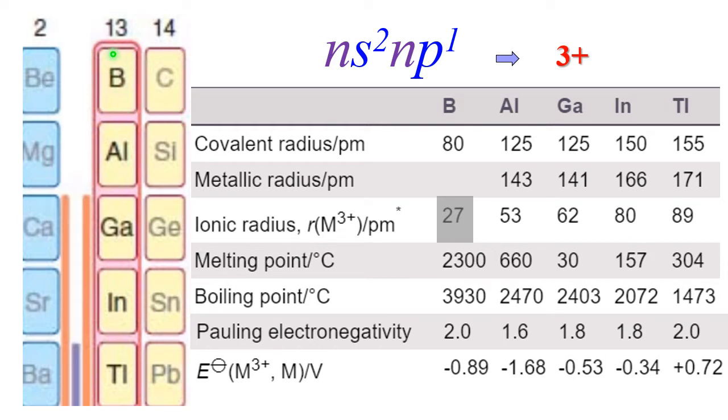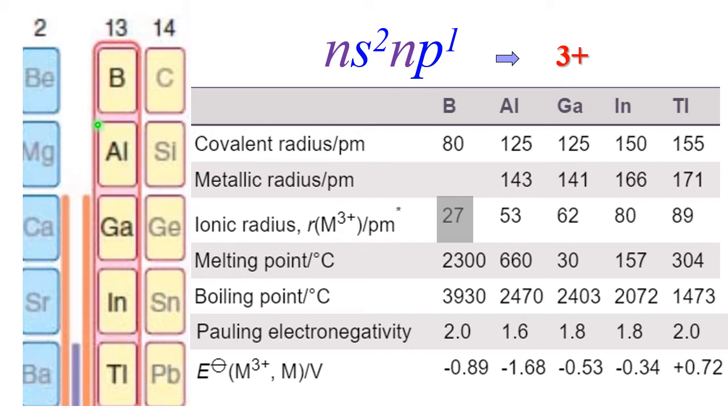As usual, the first element of this group is significantly different from all others. Nevertheless, one property is common. The most stable oxidation number is 3.